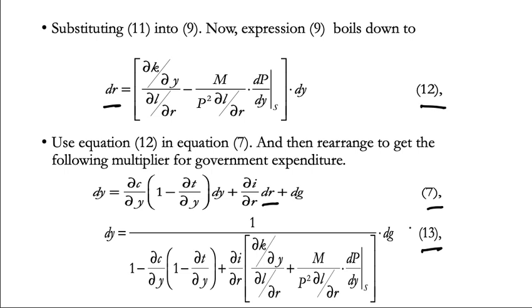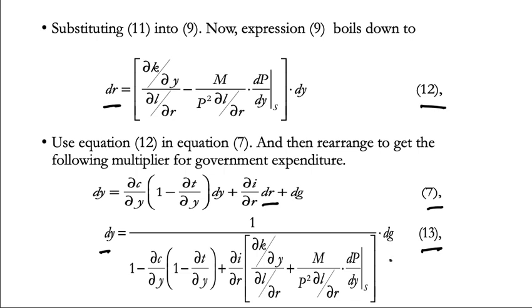Now, let's look at 13. On the left-hand side, we have dy, or the change in output or real income. On the right-hand side of the equal sign, we have two things. The first one is 1 over something here, and the second one is dg. So, how to interpret this fiscal multiplier?